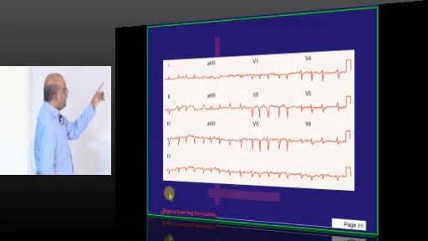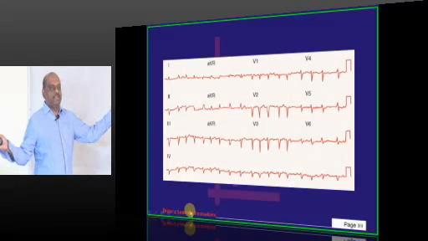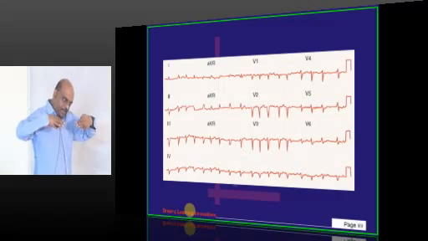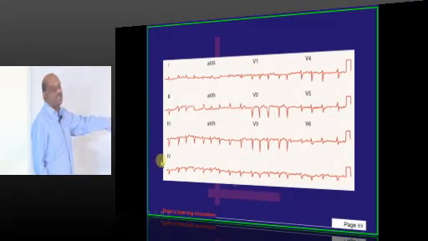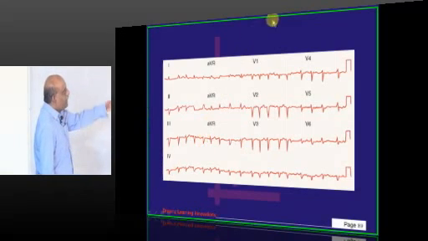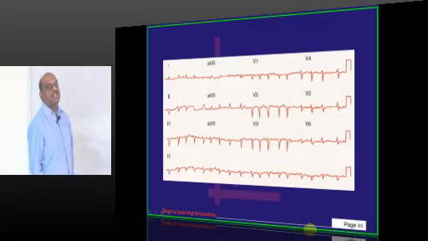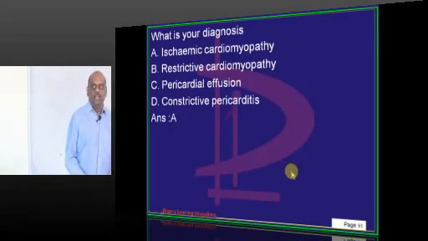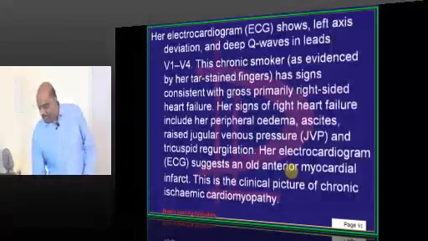Lead 1 is looking up, lead 3 is looking down. So what is the axis deviation? Left axis deviation. If lead 1 is looking down and lead 3 is looking up, they are pointing right towards each other, that is right axis deviation. So what you have here is a left axis deviation. And if you look at leads V1, V2, V3, deep Q waves are there, which are suggestive of ischemia. So typically what the patient is having is ischemic cardiomyopathy, is what you have to basically understand.